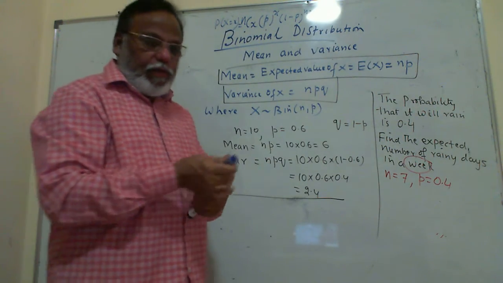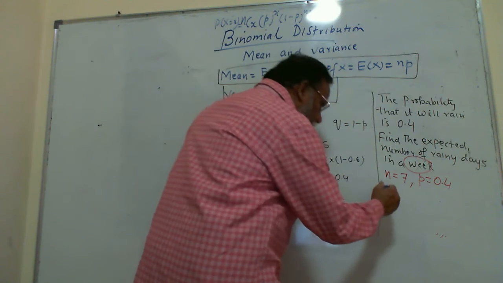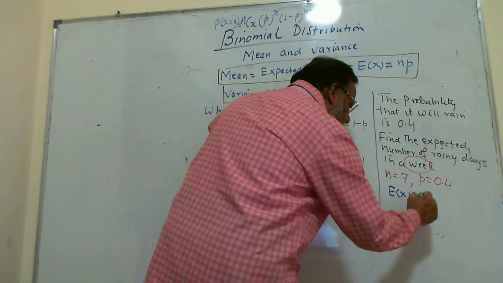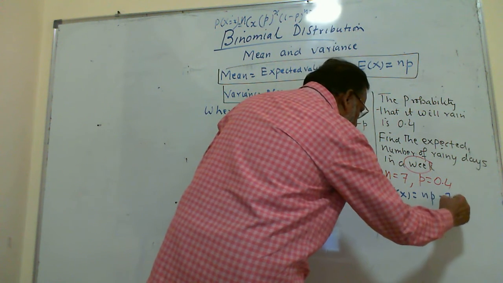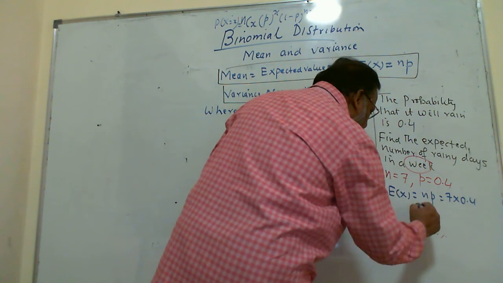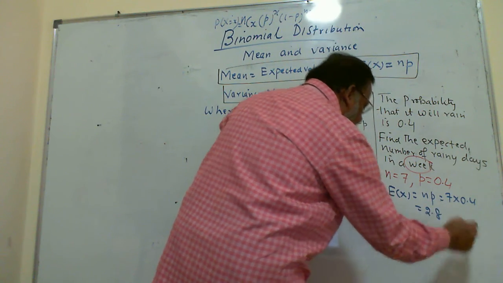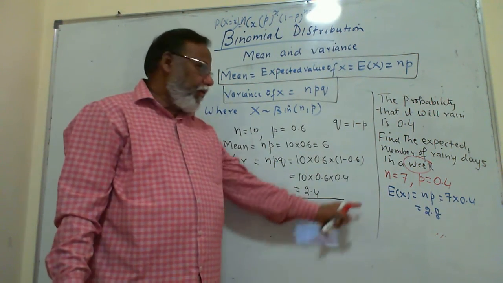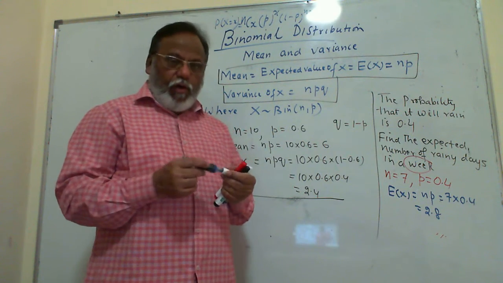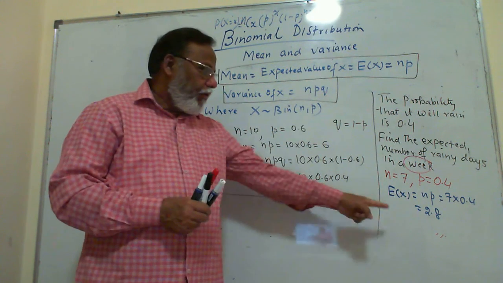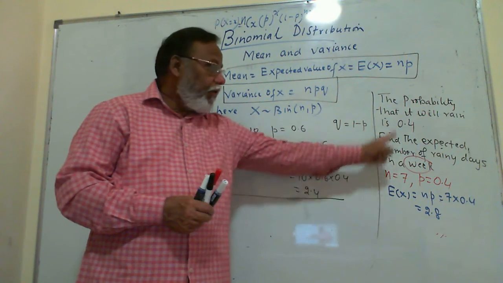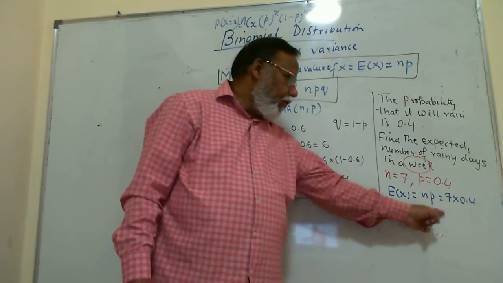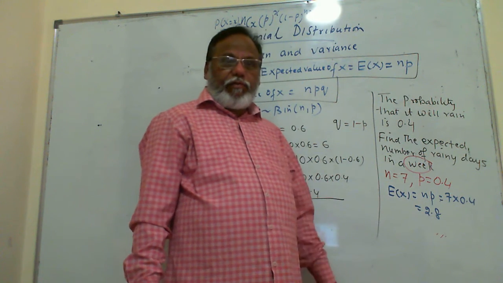So the expectation, or the mean, is n times p, 7 times 0.4, which gives me 2.8. This is the expected value for this question, which means out of 7 days, 2.8 days will be rainy.